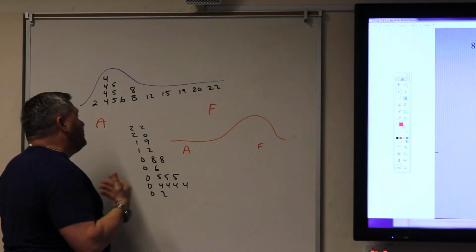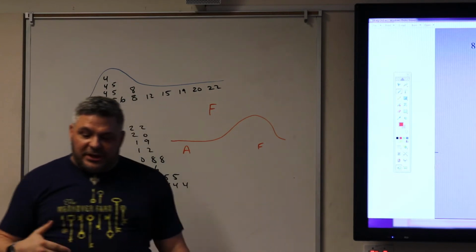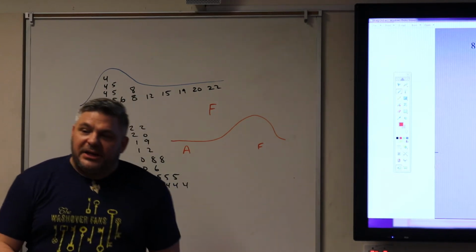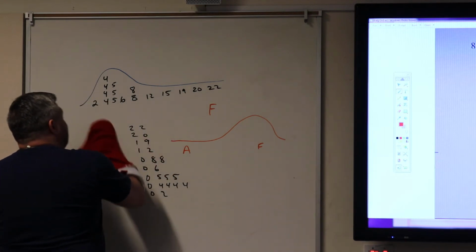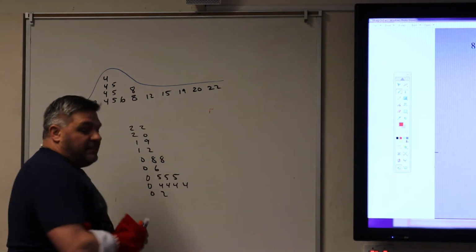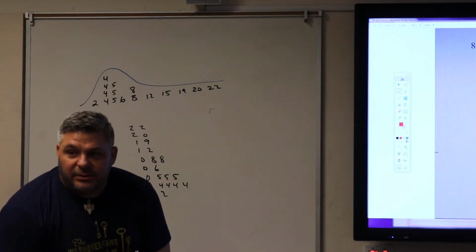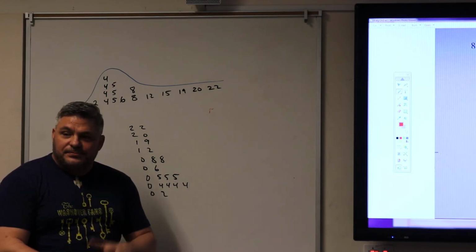But going back to this, we want to talk about a few things. One is the mean, the median, and the mode, right? With this, we can see the mode and the median really easily, right? So what was the mode again on this? The most.